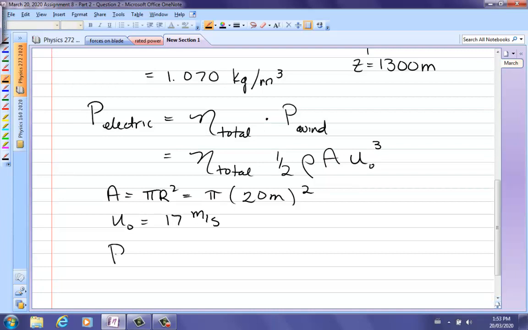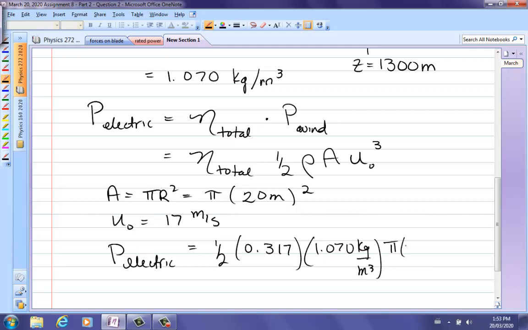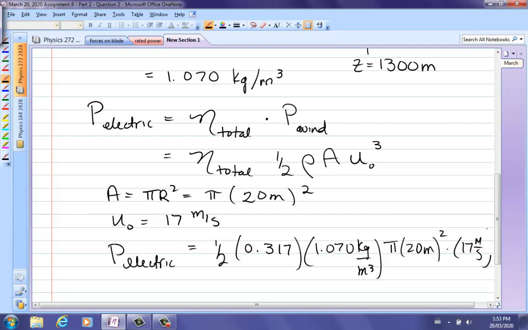And putting all that together, it would be the 0.317 times 1.070 kilograms per meter cubed times pi times 20 meters squared times 17 meters per second cubed.